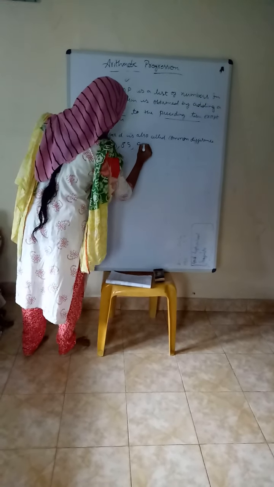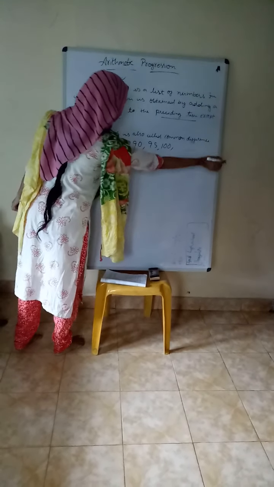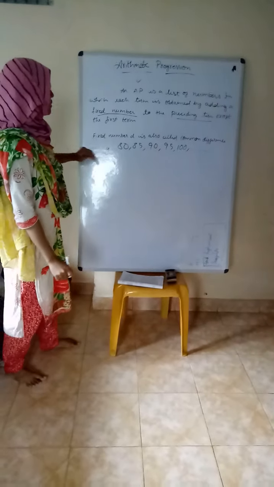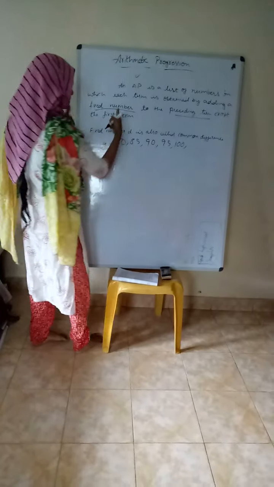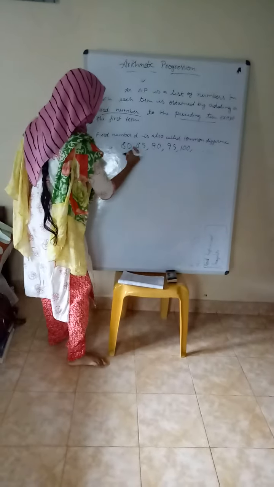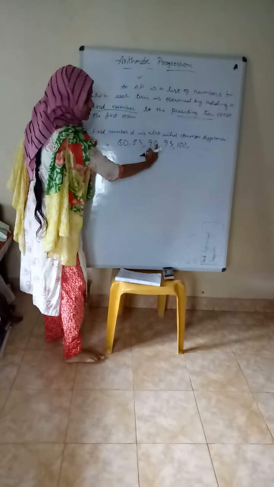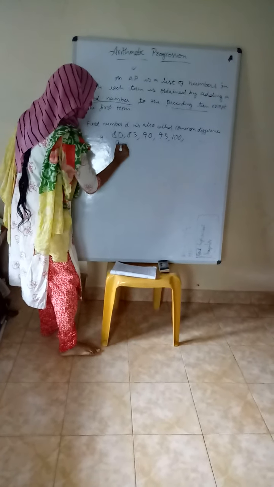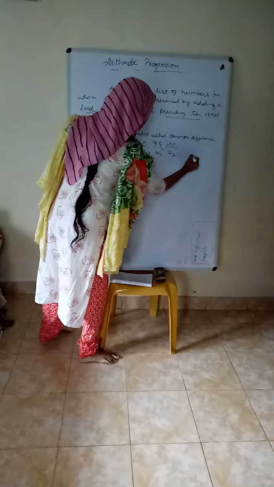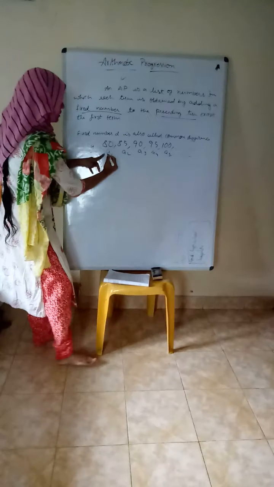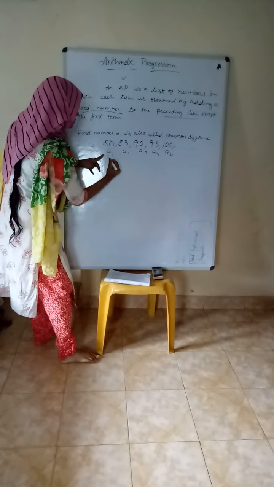If you are taking 80, 85, 90, 95, 100, etc. Here, what do we want? Fixed number. How will you get the fixed number? This is the first term, second term, third term. We will denote them as A1, A2, A3, A4, A5, etc. You take the common difference, the difference of these two, then these two.